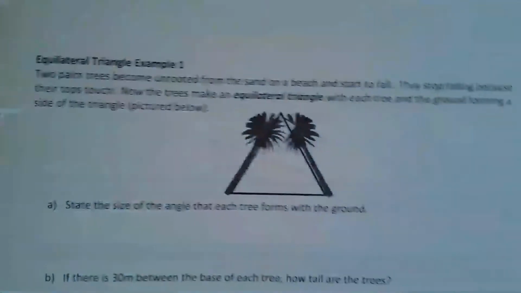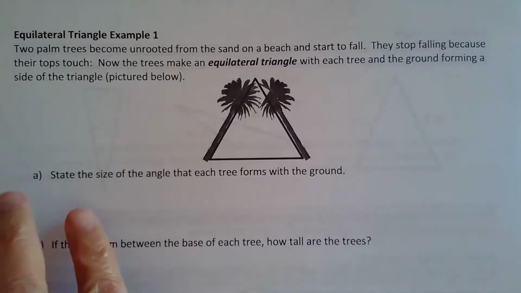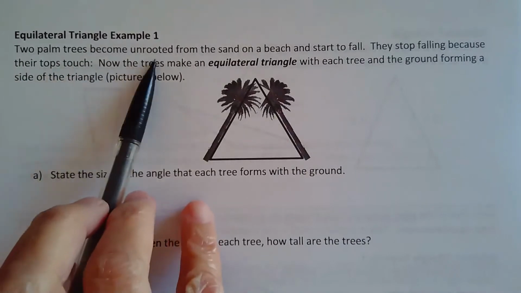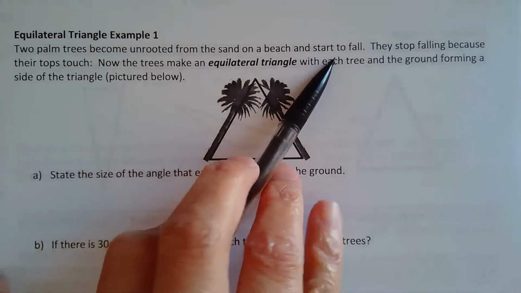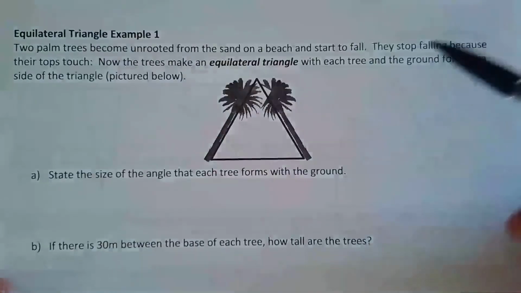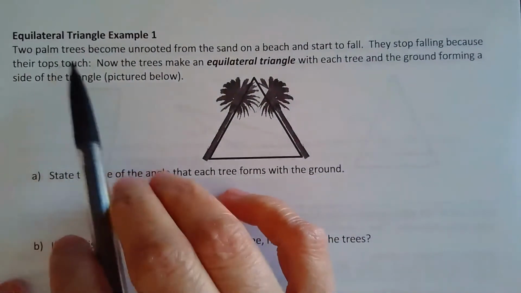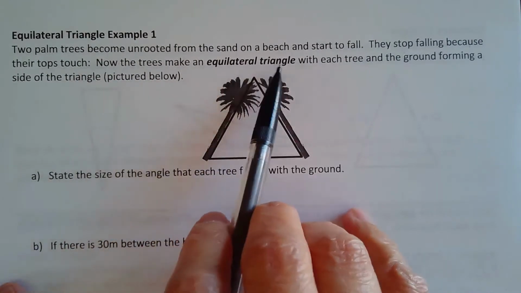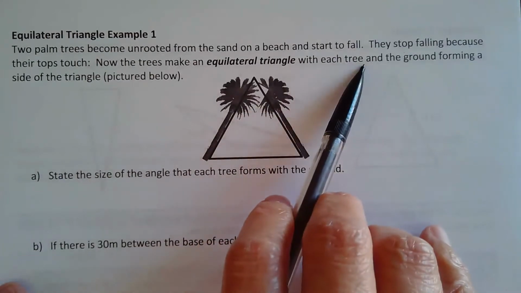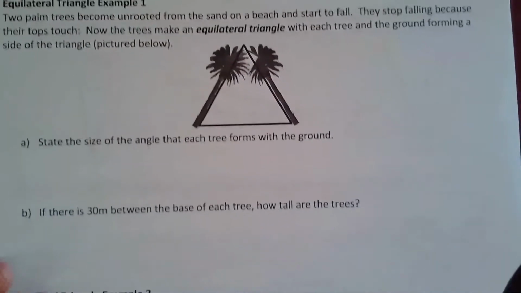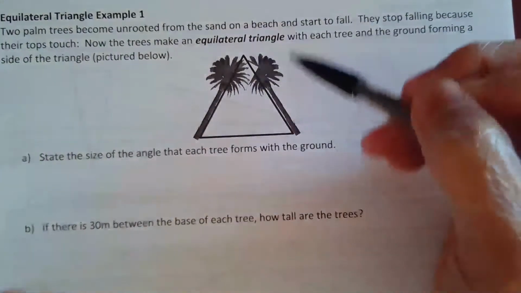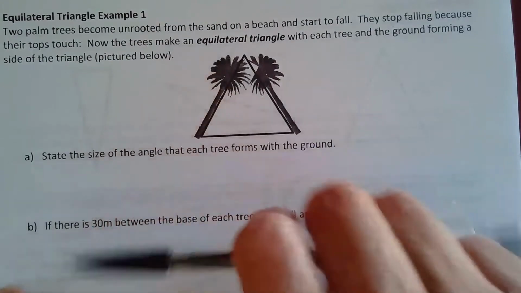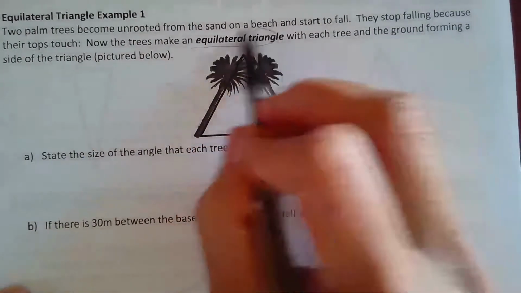Now let's move on to an example. Equilateral triangle, example 1. Two palm trees become uprooted from the sand on the beach and start to fall. They stop falling because their tops touch. Now the trees make an equilateral triangle with each tree on the ground forming a side of the triangle. So this tree fell this way, and this tree fell that way, and it forms an equilateral triangle.